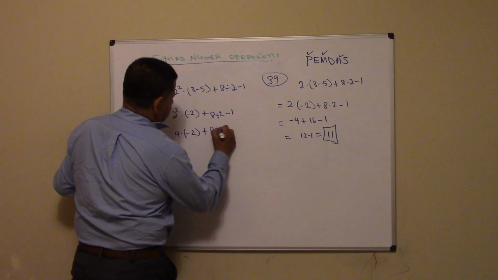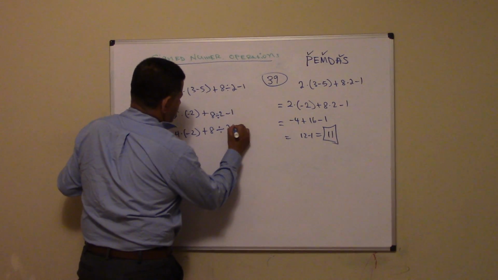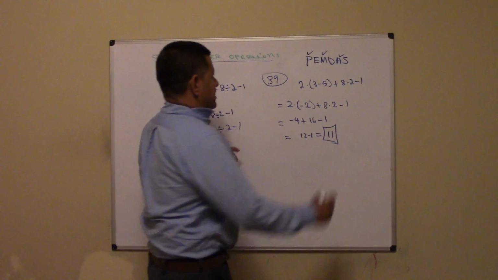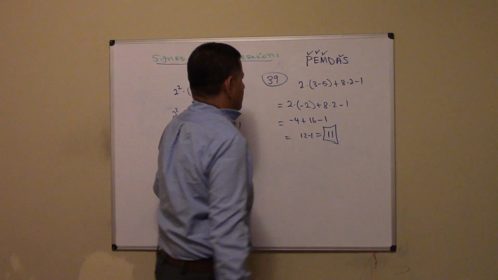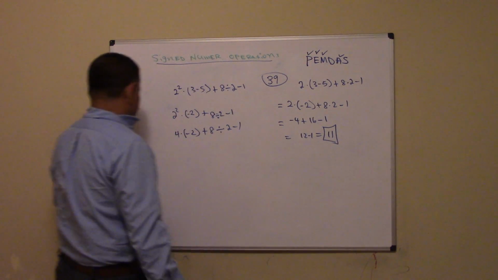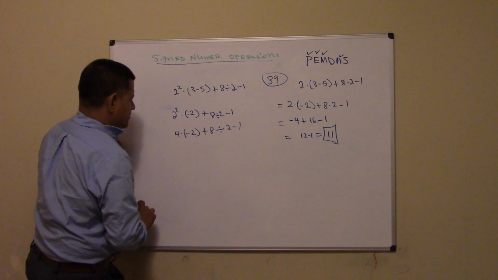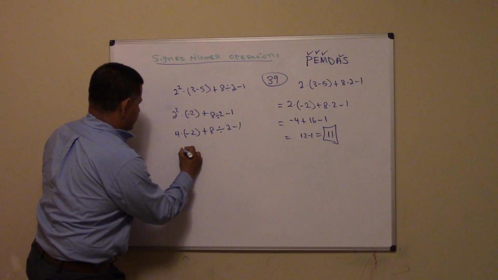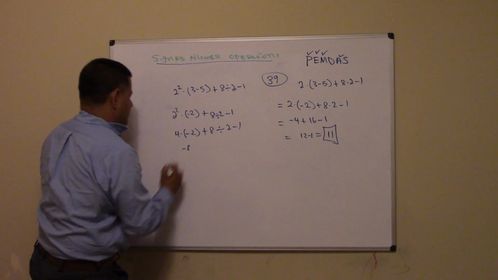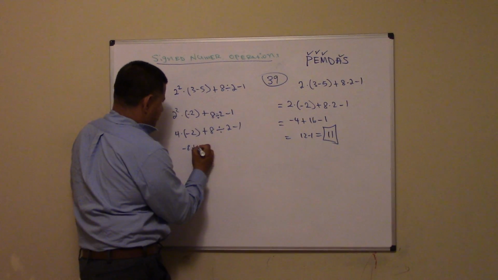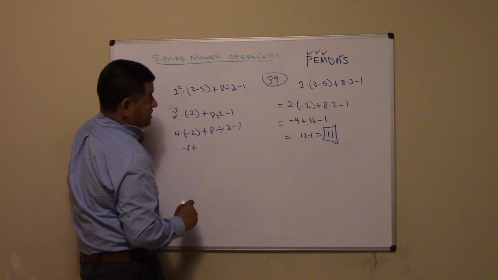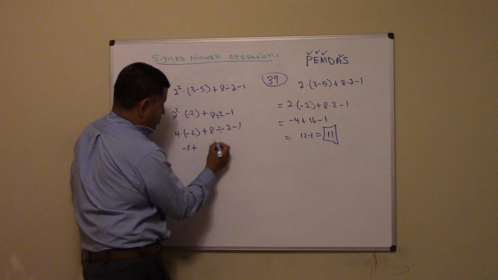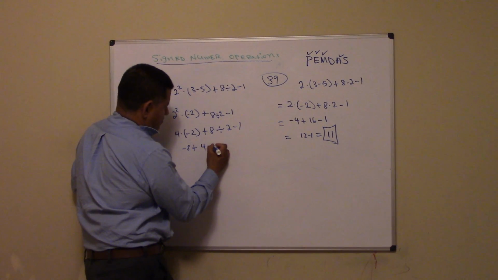Plus 8 divided by 2 minus 1, right? Now I already did this. Okay, now I am doing multiplication. So I multiply that, right? In this case, it's going to be negative 8, right? And then plus the division, which is 8 divided by 2 is 4, right? Minus 1.